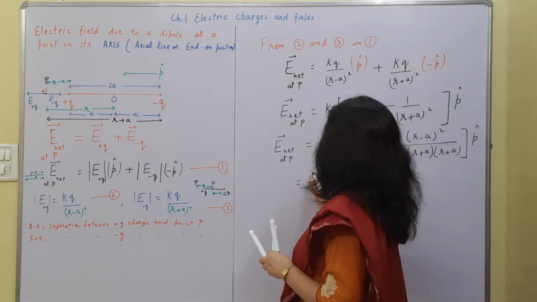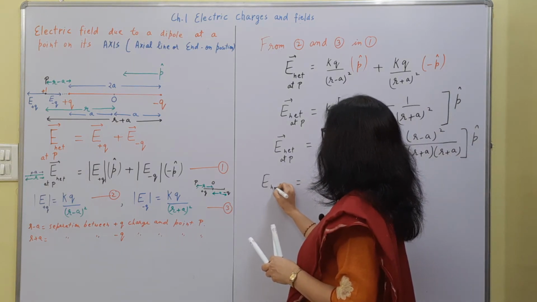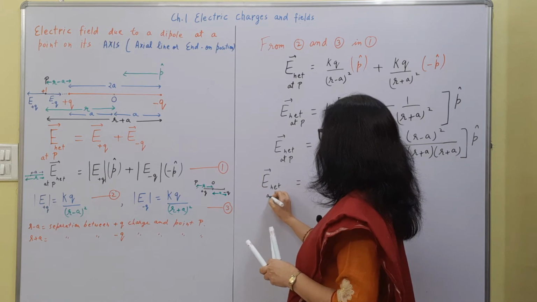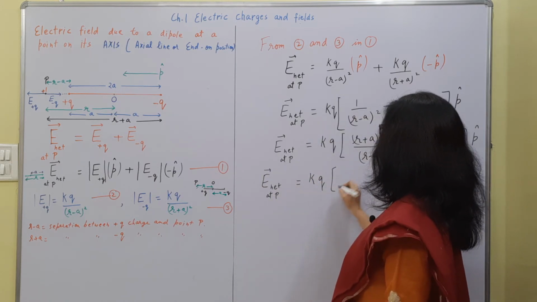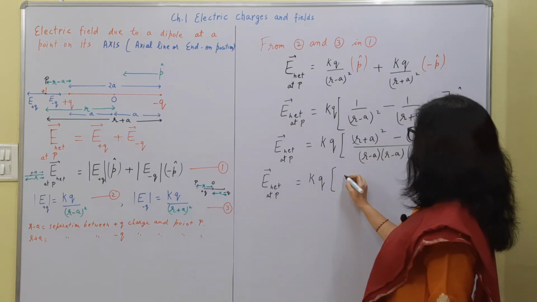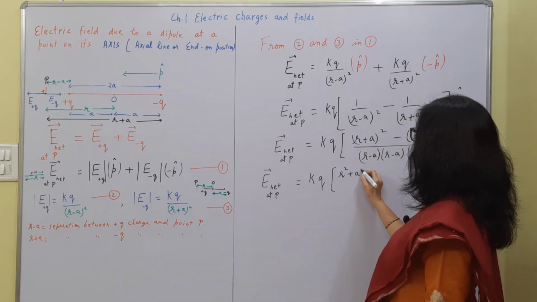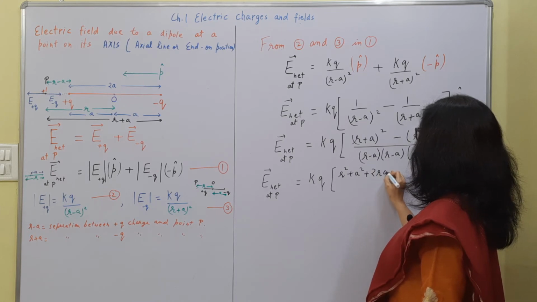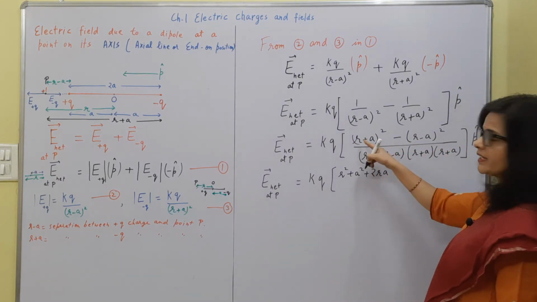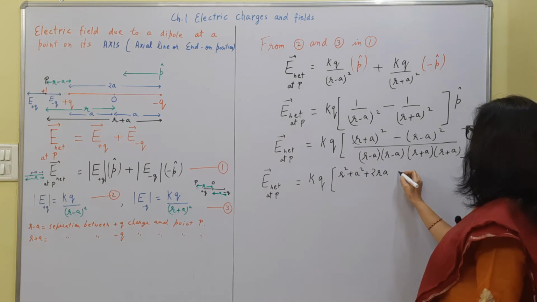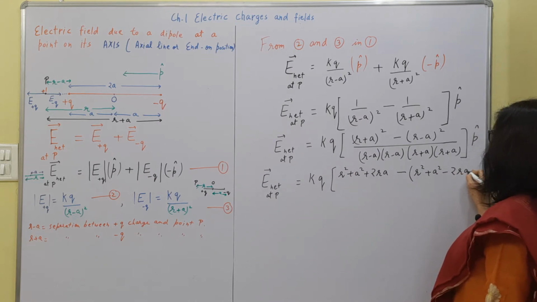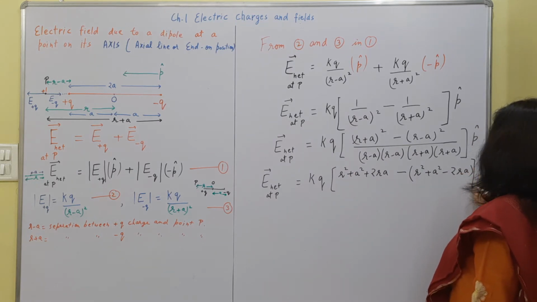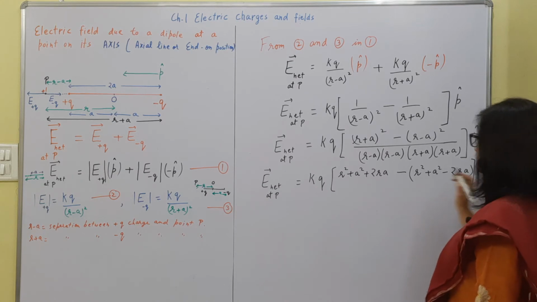So this will be E net at P. This will be K Q. I can open this bracket: A square plus B square plus 2AB. Right? You know the formula for A plus B whole square. And you know the formula for A minus B whole square also, A square plus B square minus 2AB. Right? And outside the bracket, this is P cap.